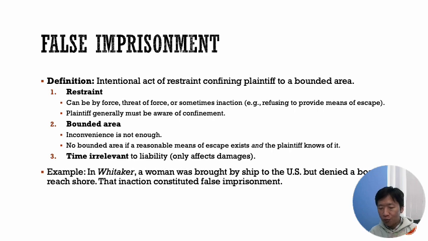You're going to ask yourself whether this story contains these elements. The first one, restraint. What is a restraint? Restraint can be by force, threat of force, or sometimes inaction. For example, refusing to provide means of escape.